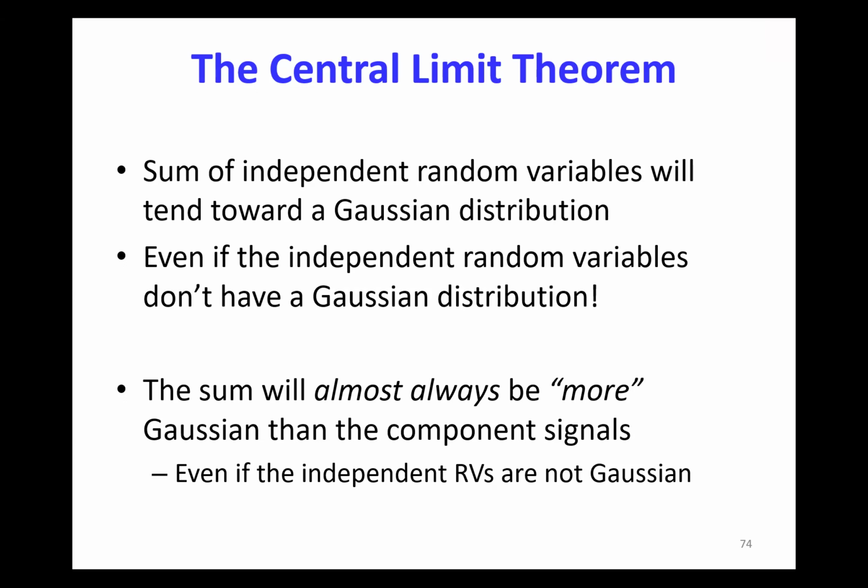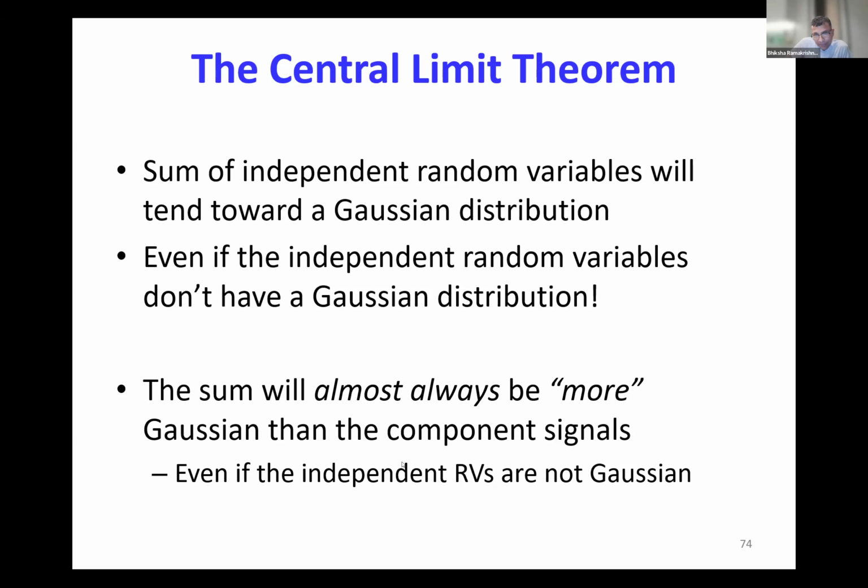Right. So it's easy to prove that if you just show that the Gaussian is the distribution with the highest entropy for a given variance, then you can show that the distance to this Gaussian keeps decreasing as you keep adding more and more variables. And so anytime you sum independent random variables, the sum will always be more Gaussian than the component signals.